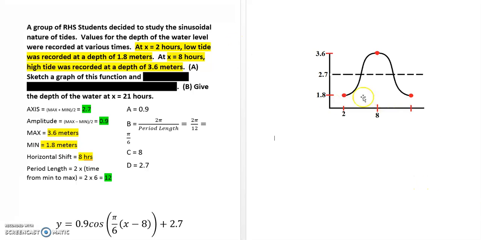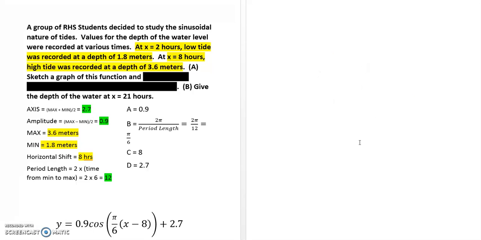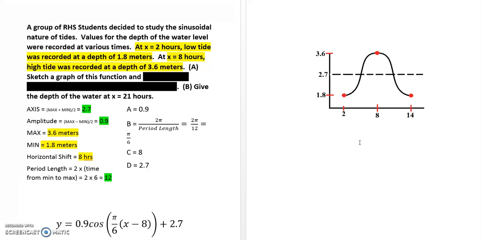We know that our first minimum occurs at x equals 2 hours, and our first maximum occurs at x equals 8 hours. Since it's 6 hours from minimum to maximum, it will be 6 more hours to get back down to a minimum. So our last minimum will be at 14 hours. And here we have successfully created a sketch of this function.